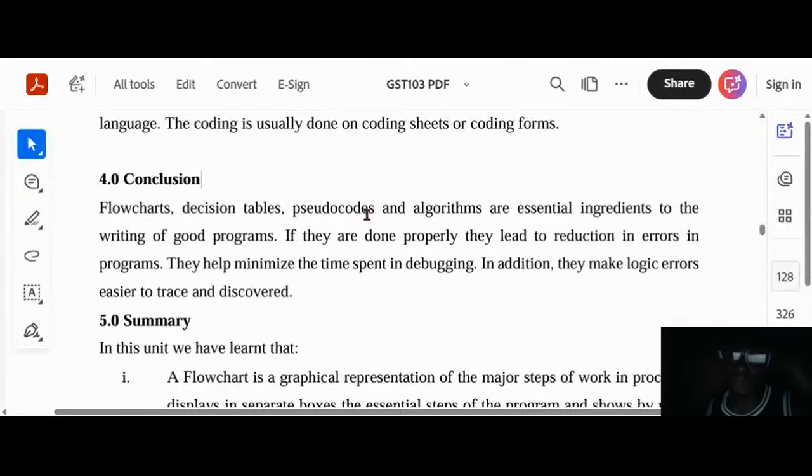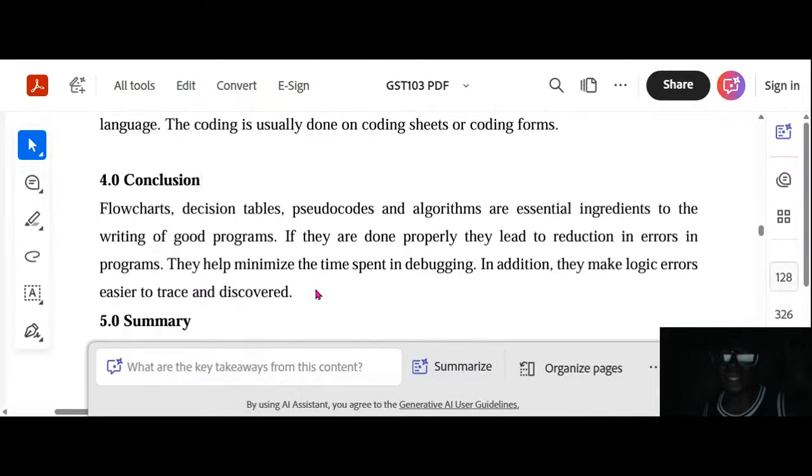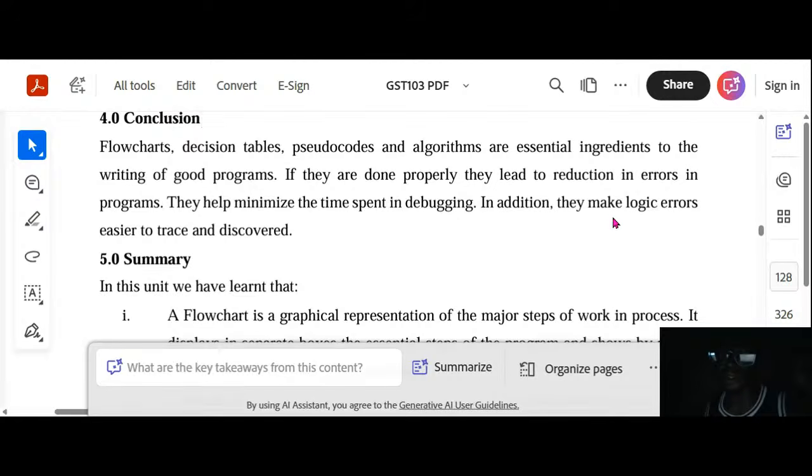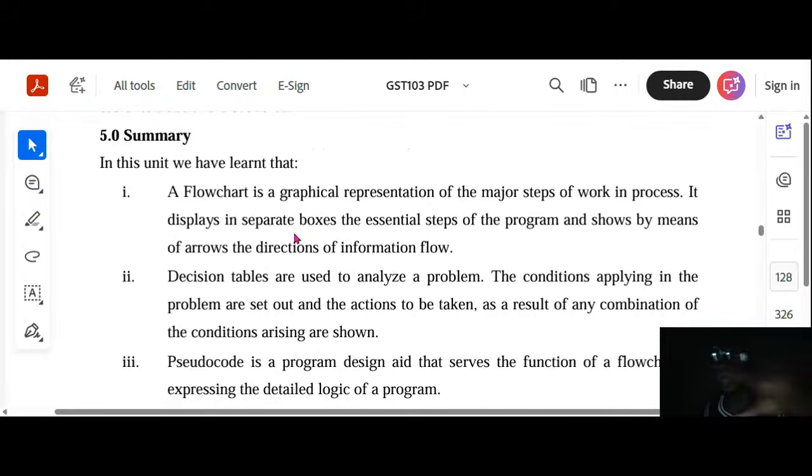Flowcharts, decision tables, pseudocodes, and algorithms are essential ingredients to the writing of good programs. If they are done properly, they lead to a reduction in errors in programs. They help minimize the time spent in debugging. In addition, they make logic errors easier to trace and discover. In summary of this unit, while you guys are answering that question, let me give you the summary.